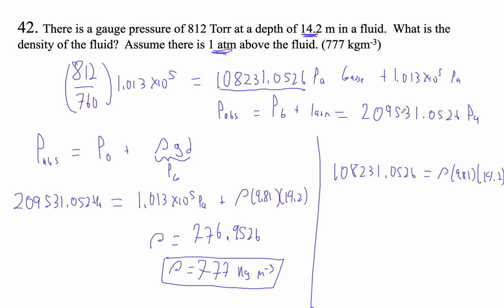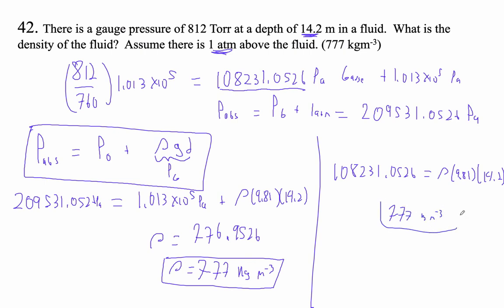I didn't have to turn it into absolute pressure, then use a formula that for some reason is in absolute pressure. I could have just taken that number. Divide by 9.81, divide by 14.2. They give us this complicated formula for hydrostatic pressure, and I thought I'd use it, but really this is pretty simple. 777 kilograms per cubic meter. Ta-da.